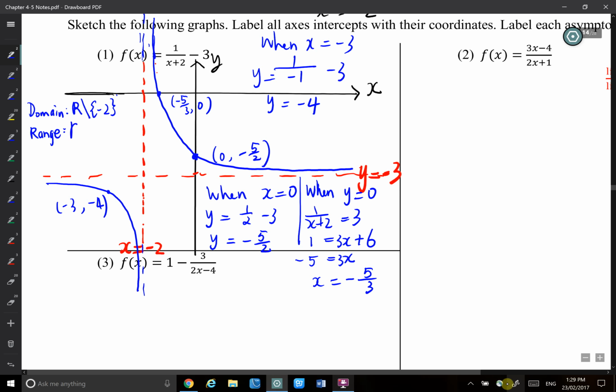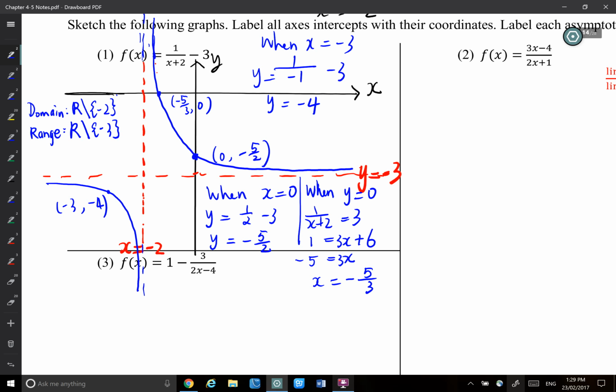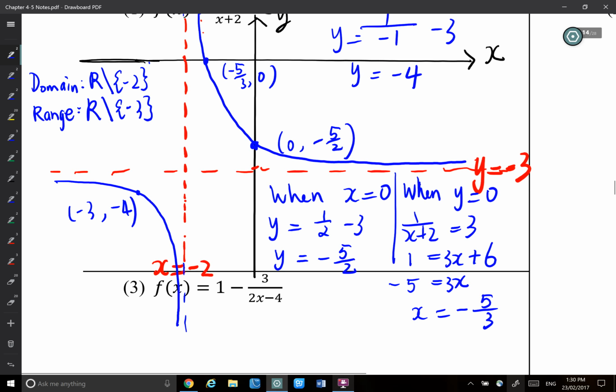The range will be R except negative 3, because y cannot take negative 3, so the range is everything except negative 3. The asymptotes are the values you cannot take. So domain is R except negative 2 and range is R except negative 3.